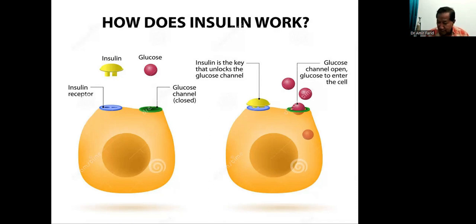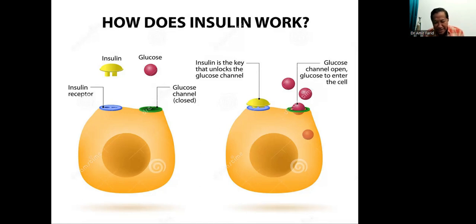So this is quite complicated. It is not just a matter of there being glucose and the cell requiring glucose, so it will take in the glucose. The cells cannot take in glucose without the unlocking of the insulin receptor, except, as mentioned earlier, the beta cells of the pancreas, which produce the insulin.